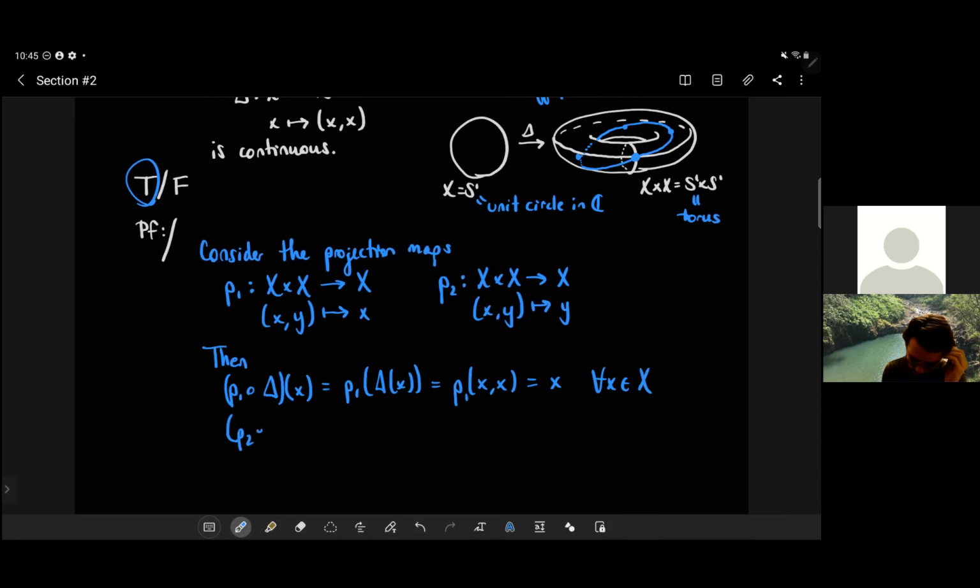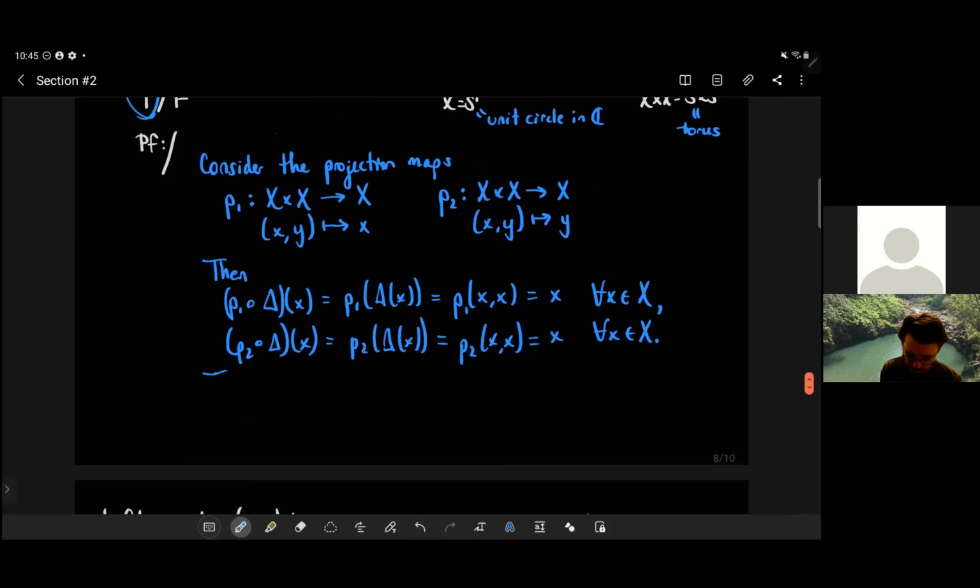And if I did it with P2, you should not be surprised to see the same thing happen. P2 of delta of x is P2 of (x, x). And it doesn't matter which component I'm projecting on, they're both x, right? So I get x. I'll just say that both P1 composed with delta and P2 composed with delta are identity maps.